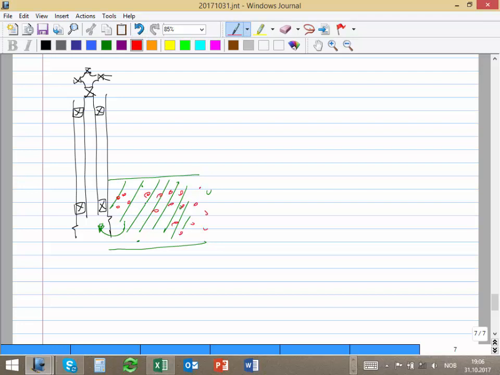Here I have more, and here I have many more. So with time, when the pressure is going down, the saturation of gas in this area is starting to go up with time. That means that I have more and more gas.